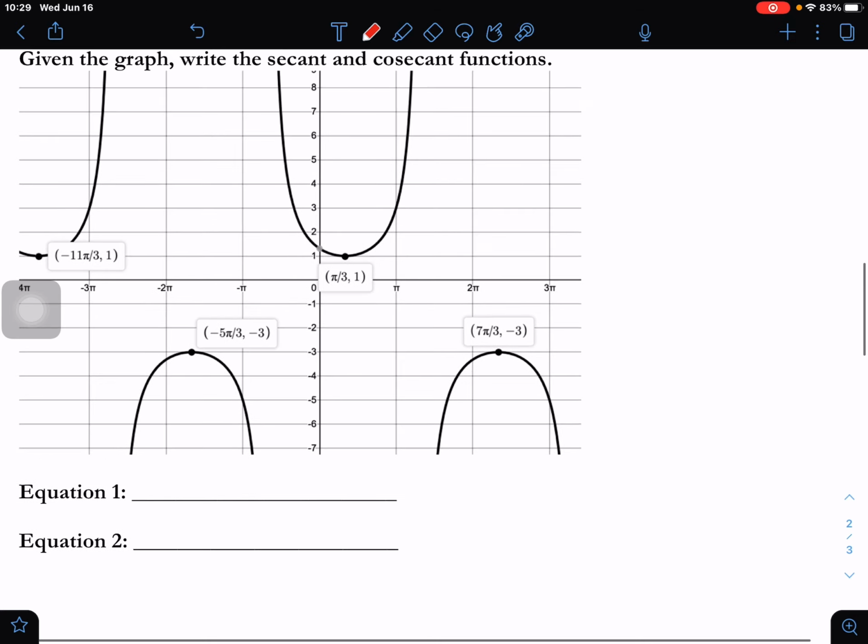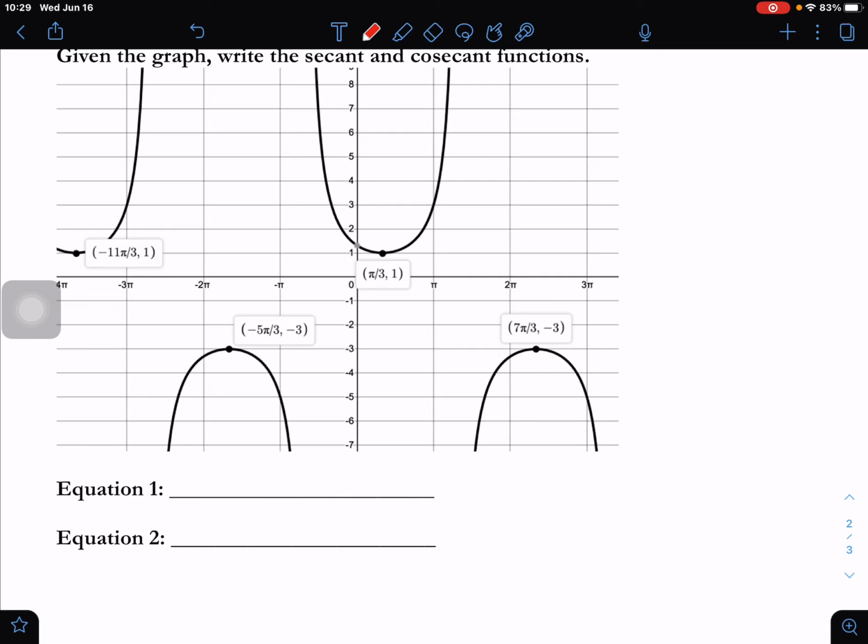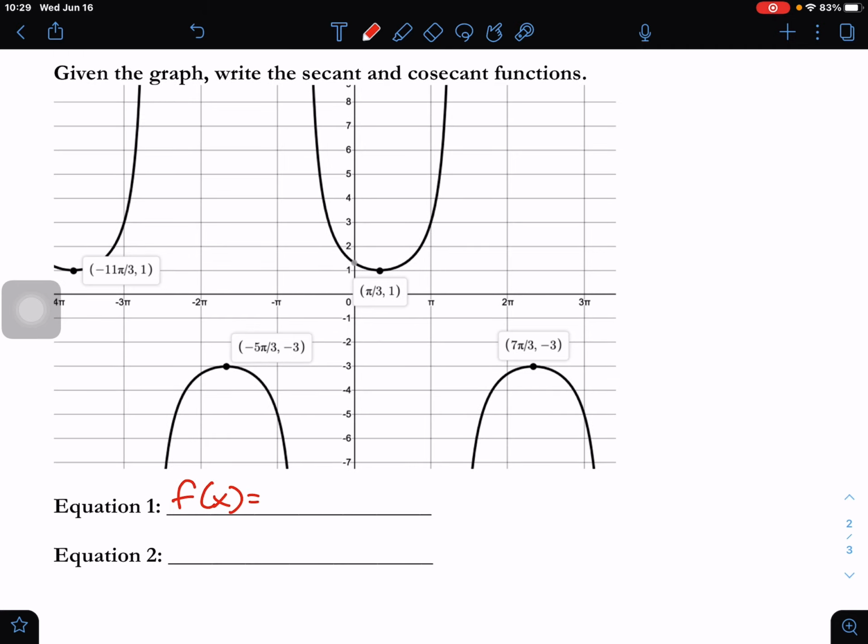And then for the secant and cosecant functions, alright, so let us see. Okay, so let's try secant first.